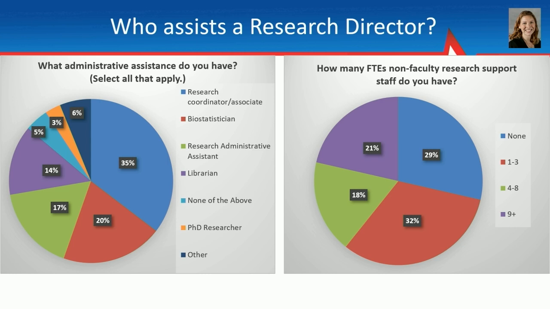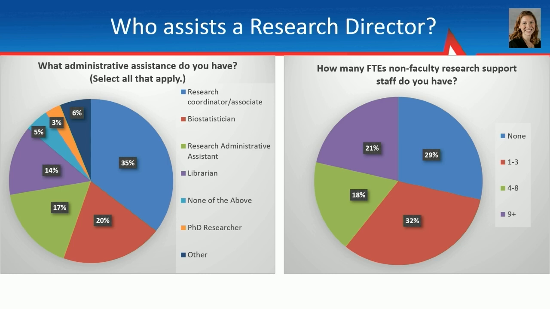We also wanted to know who assisted the research director, and this varied pretty widely. The most common administrative support that research directors or vice chairs of research had was a research coordinator, followed by biostatistician, but 5% of people had none of these, so had no administrative assistants at all.